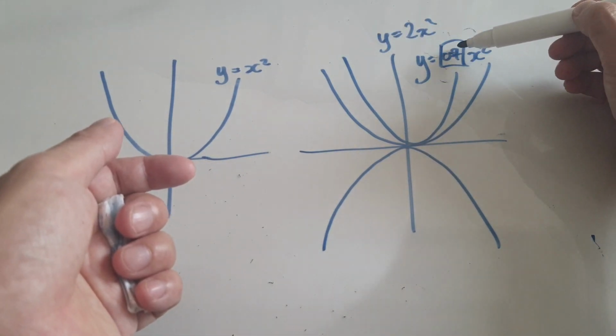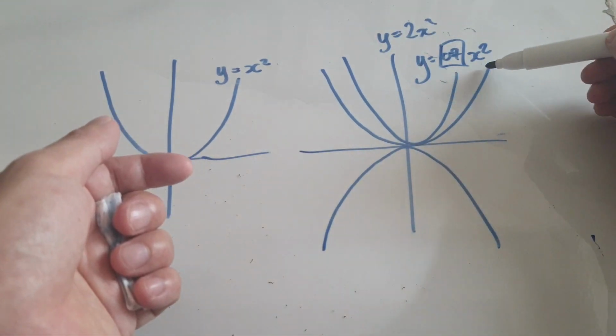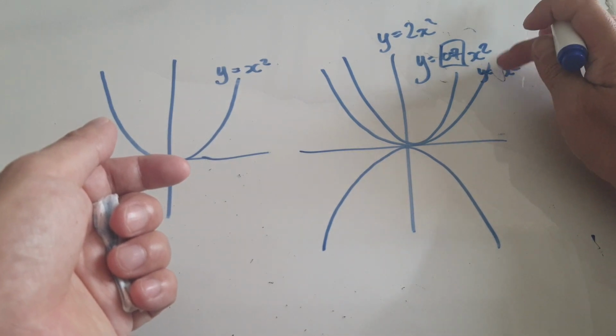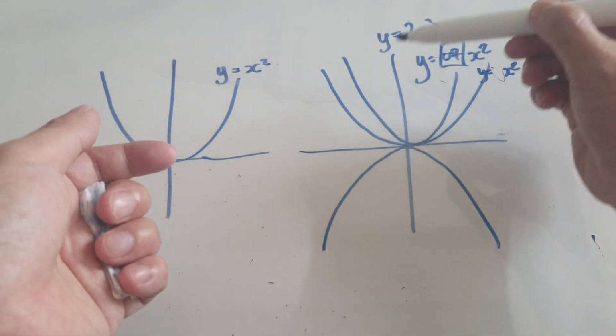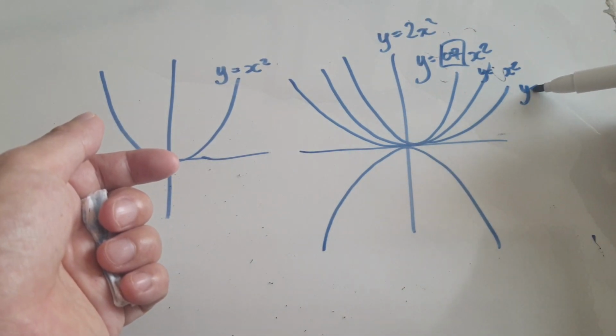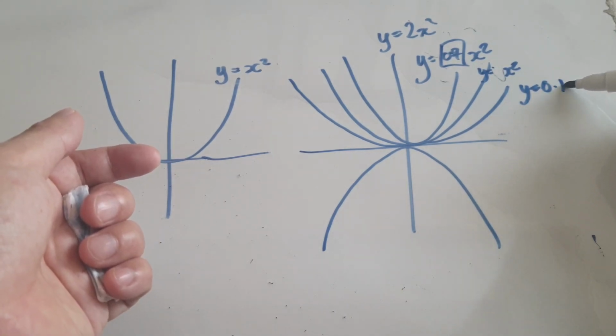Now, if it's between 0 and 1, this is y equals 1x squared, but we don't bother writing the 1. In the case of it being 0.7, it would just be flatter. Let's say 0.1 x squared.